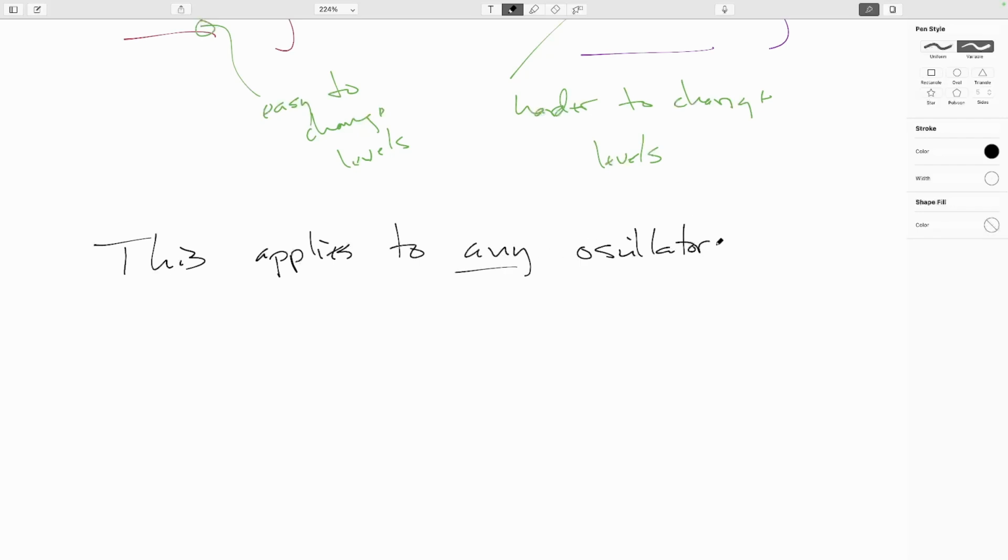So not just the electrons oscillating up and down, but even literally, if we think back to doing labs in mechanics, if you hang a mass on a spring, it turns out that this can't just have any old energy. It has to have only certain specific quantized energies.